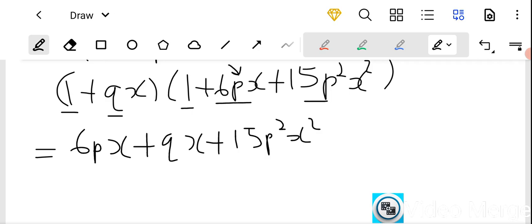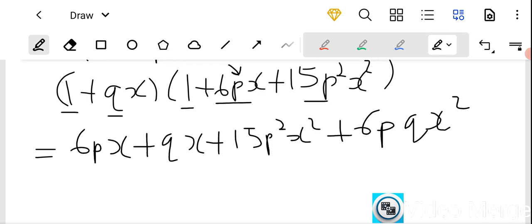You are going to have a positive 6pq x squared, and those are the possibilities.